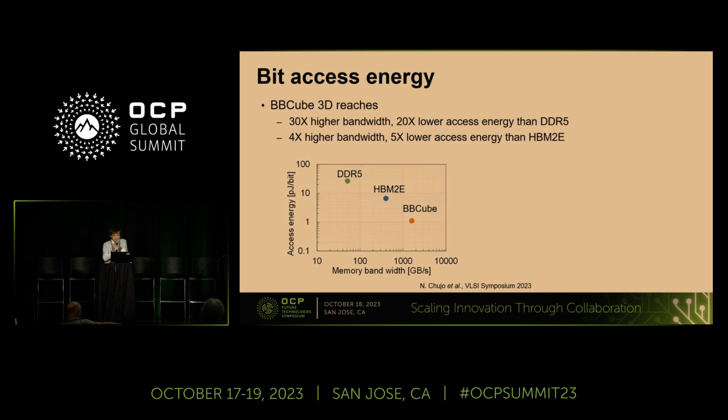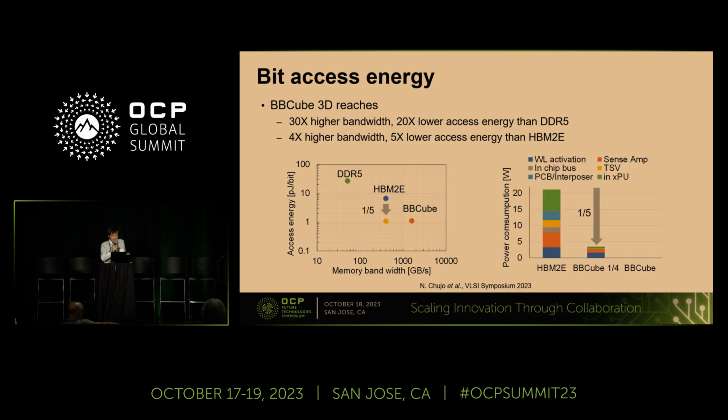The results are shown here. BBCube reaches a bandwidth 30 times higher than DDR5 and 4 times higher than HBM2E with a bit access energy 1/20th that of DDR5 and 1/5th that of HBM2E.